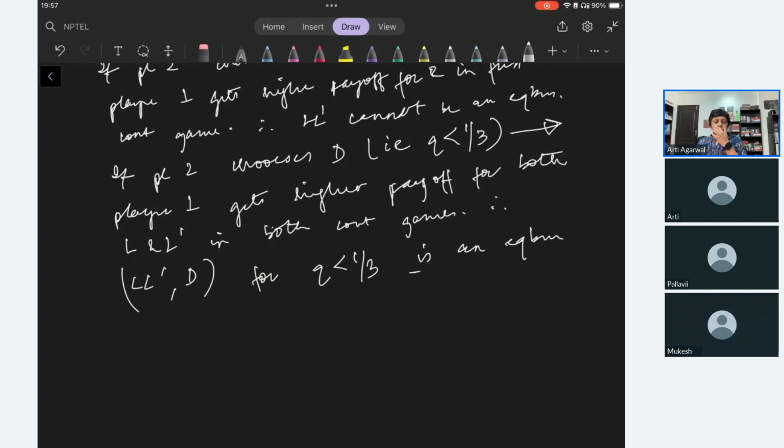So you have to write the whole thing, L, L prime, comma D for the value of Q, which is the range we have taken, Q less than 1 by 3, is an equilibrium.